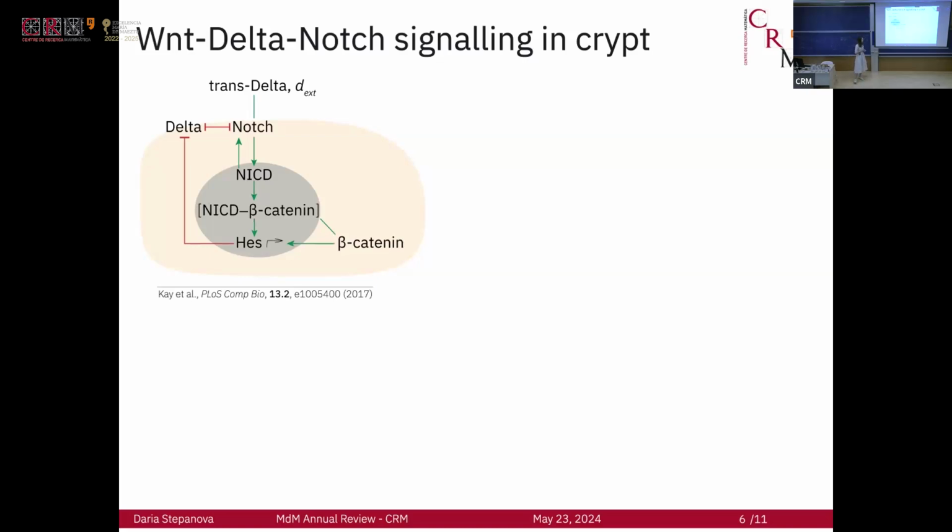So in case of crypt, the notch signaling is coupled to another signaling pathway, which we called Wnt. This is also an external activating stimulus. Let me tell you how it is coupled. So usually the amount of beta-catenin in the cytoplasm is controlled because there is a special complex of proteins, which we call destruction complex.